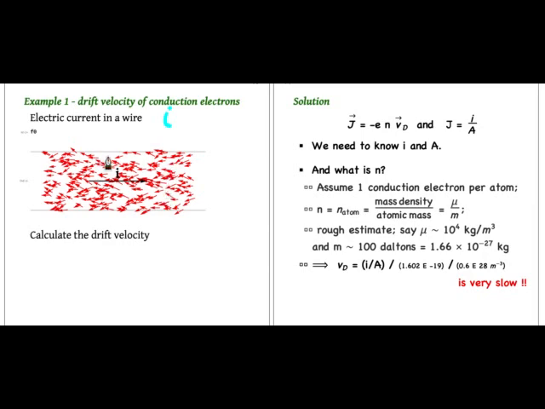All these little negative charges are moving in the opposite direction in a kind of coherent way. Of course, each electron has some random motion, which depends on the temperature of the wire. But if we take the average of all those velocities, we'll get a uniform kind of coherent motion in that direction, and the average velocity will be what we call the drift velocity.